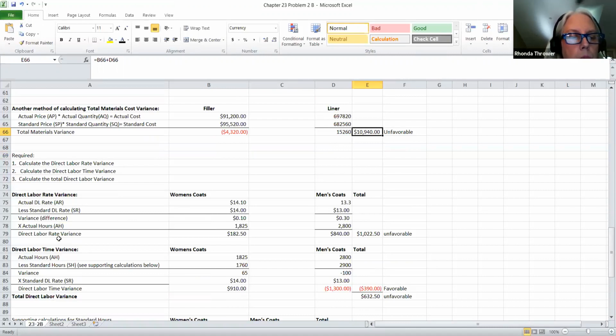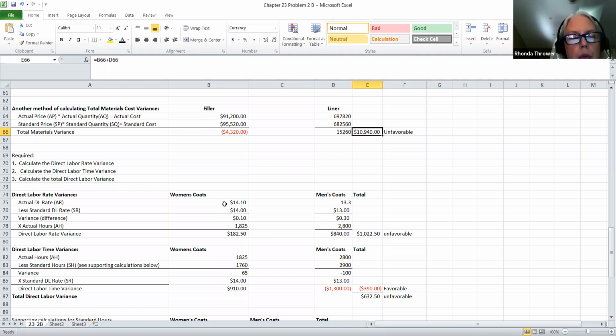Again, I put the formula here for that. And all you do is plug in amounts for both women's and men's coats. And then you're going to combine the amounts together to get the total amount of the direct labor rate variance.